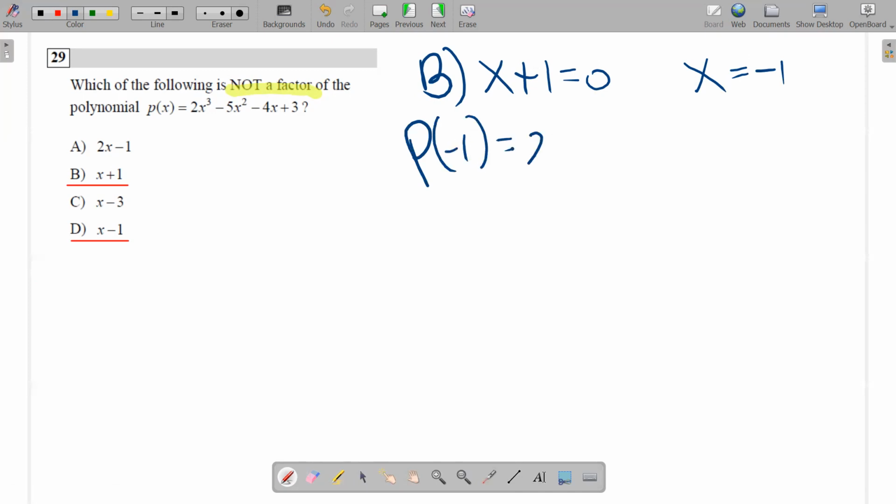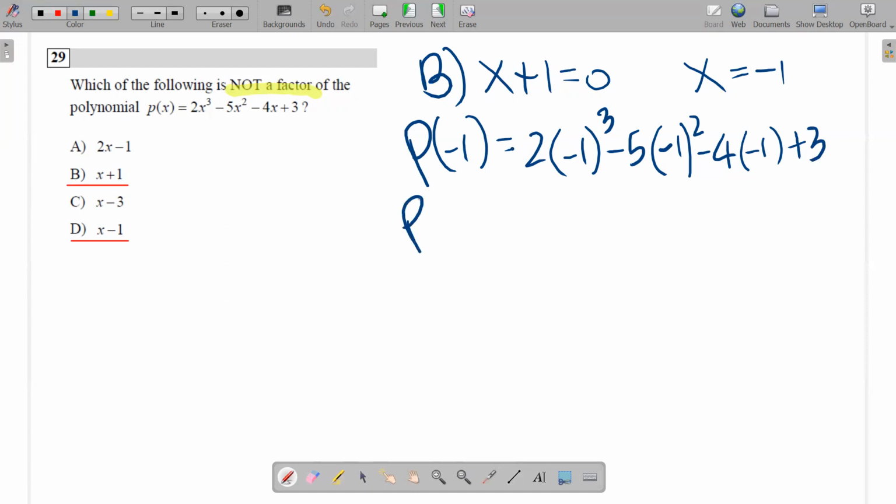If I do that, I will get 2 multiply -1 to the power 3, minus 5 multiply -1 to the power 2, minus 4, then multiply -1 plus 3. All that will tell us that -1 to the power 3 stays negative, so that's going to be -2. Minus 5, because -1 to the power 2 is just 1. -4 by -1 will be 4 plus 3.